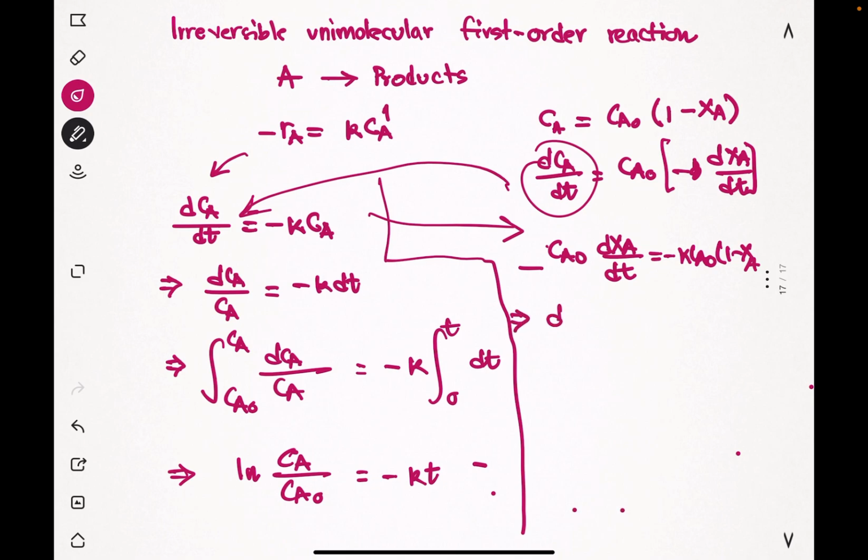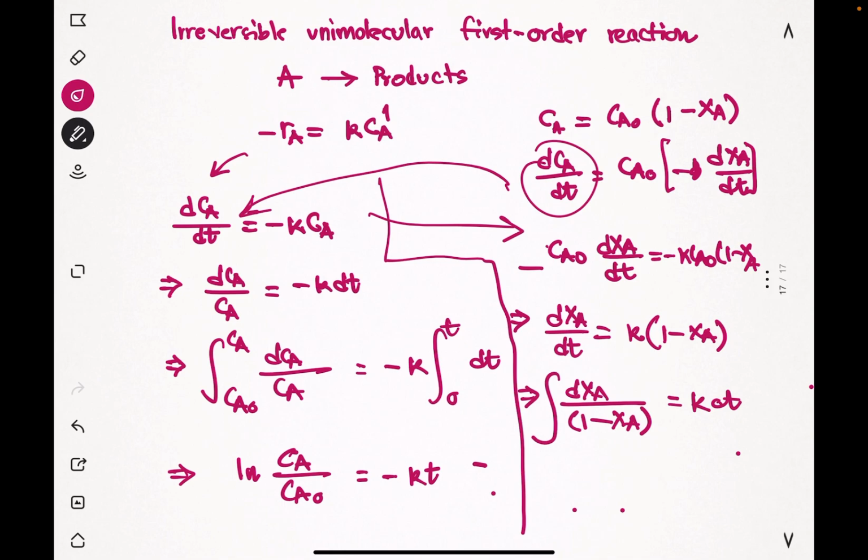So the overall equation after eliminating the common terms becomes dXA by dt equals k times 1 minus XA. Again, we separate the variables and integrate from 0 to XA. So 0 was the initial conversion at time 0, and at any particular time t, the conversion is XA.